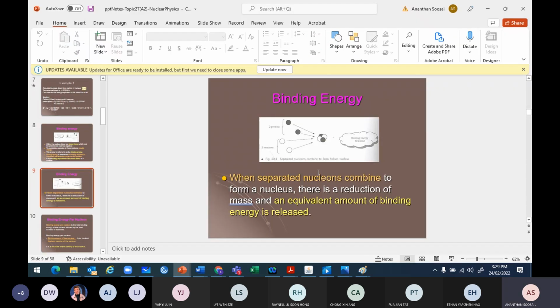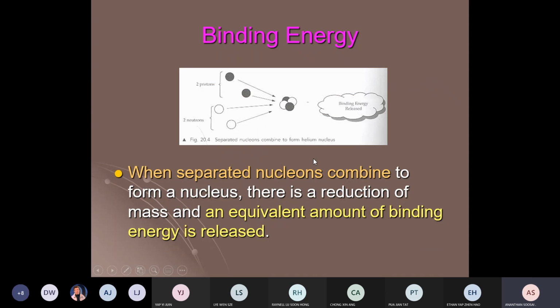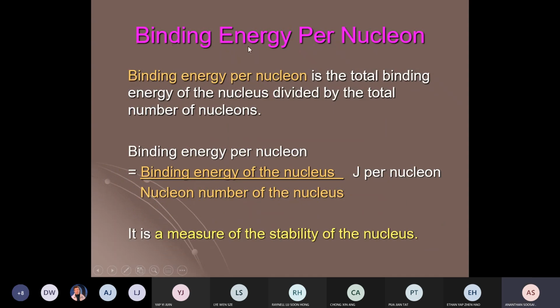So that's what we're going to do now. Binding energy per nucleon is the total binding energy of the nucleus divided by the total number of nucleons. It gives you joules per nucleon.